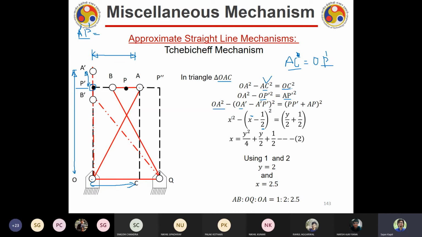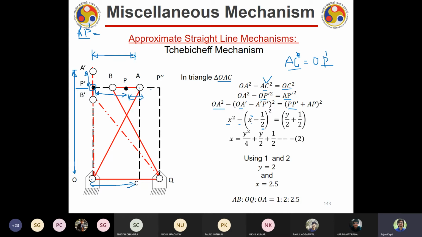Hence now we have x square minus (x minus 1 by 2) whole square equals AP dash square. AP dash can be written as PP dash plus AP.